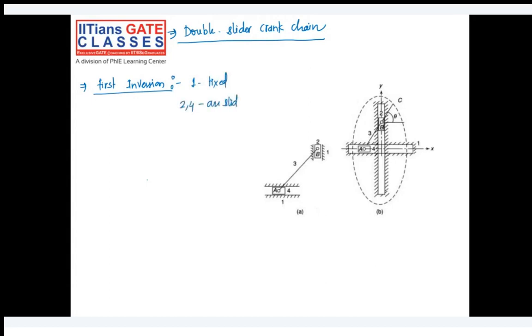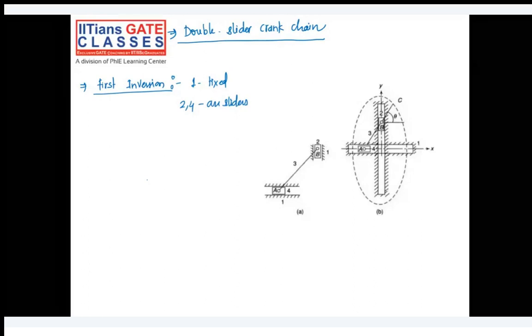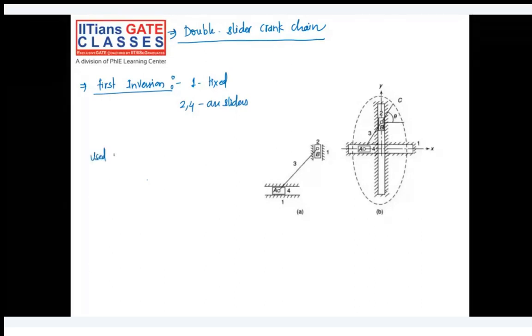We are extending link 3, for example till point C, and then doing the motion. If you bring A down, A will come here, and B will also slide.